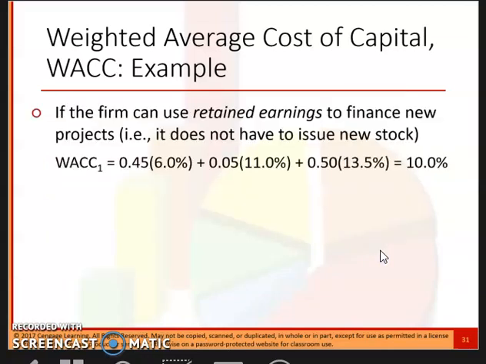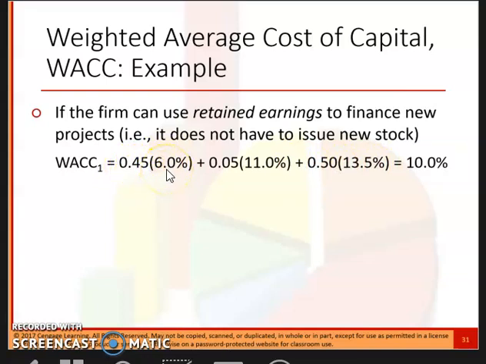So the firm can use retained earnings to finance its projects. In other words, it does not have to issue new stock to finance its projects. So the weight of debt was 0.45.